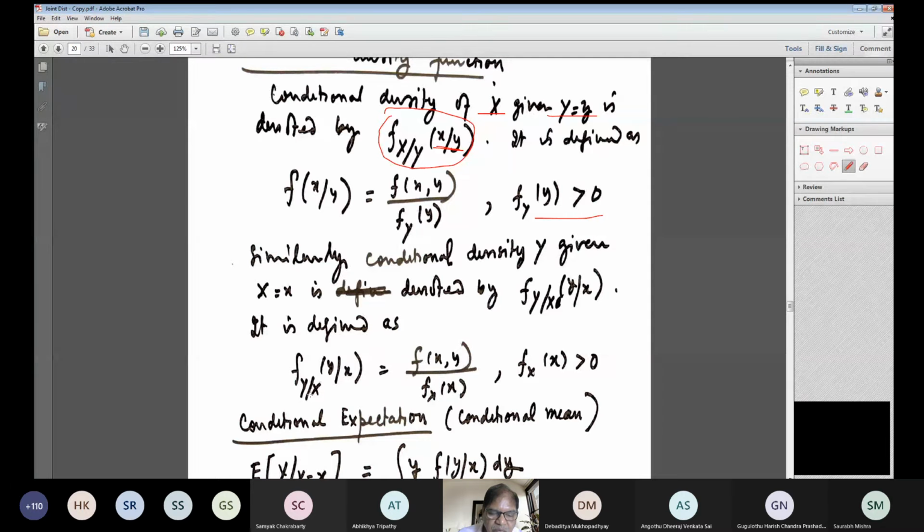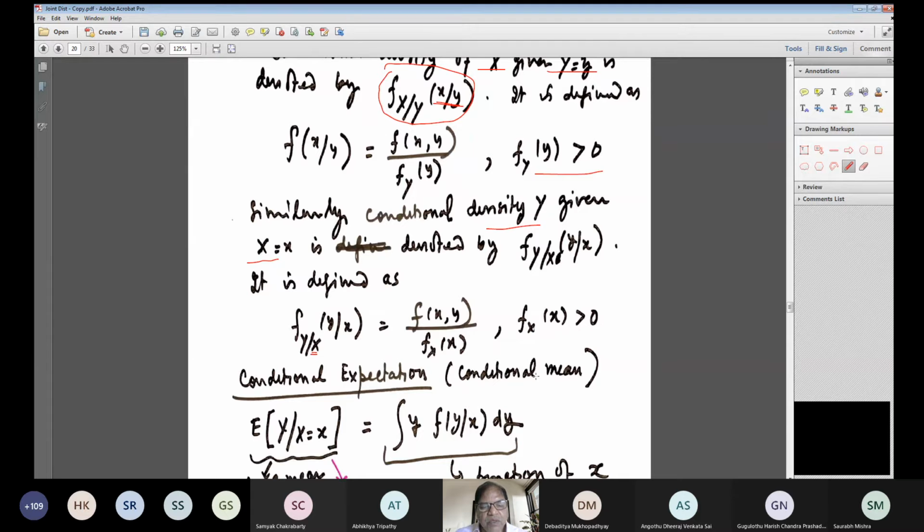The variable which is given will come into the denominator. Because here you have the conditional density function of y given x equal to x. So once we have obtained the conditional density function, we can get the conditional expectation.